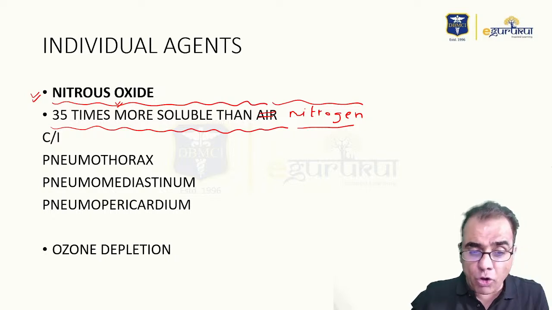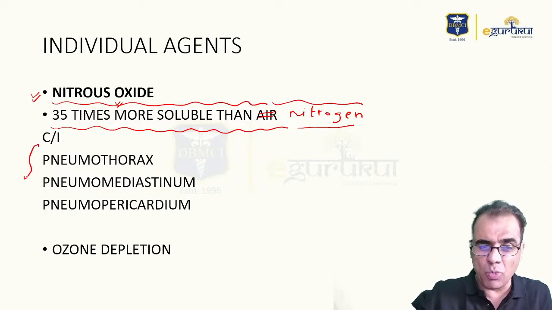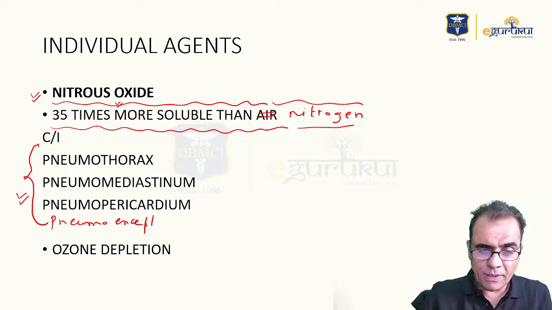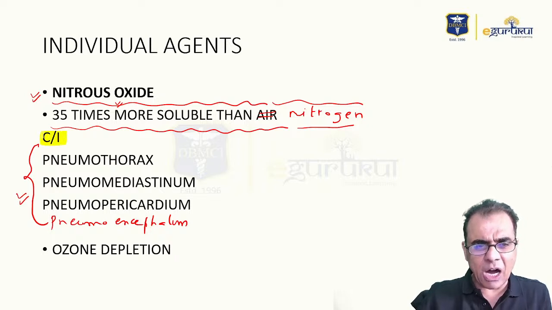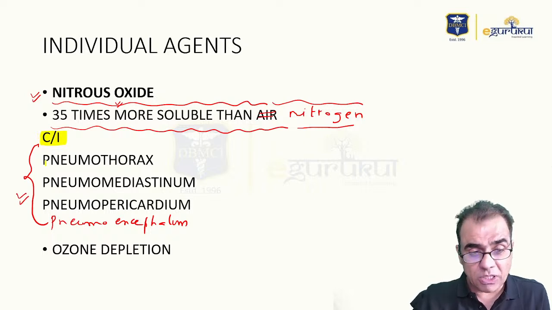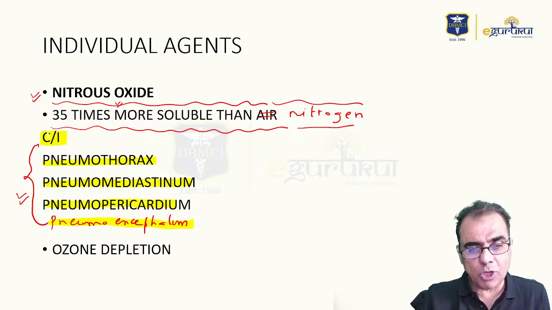Therefore, if there is any air in any closed space, like pneumothorax, pneumomediastinum, pneumopericardium or pneumoencephalum, the use of nitrous oxide is not only contraindicated, it may turn out to be even a lethal event. It can kill the patient. So presence of air in any closed space is an absolute contraindication for using nitrous oxide.